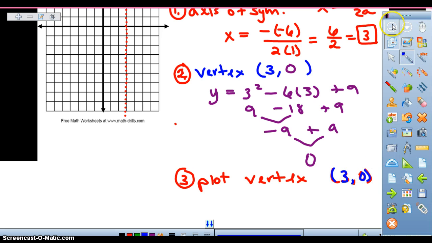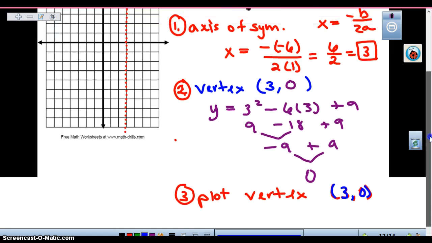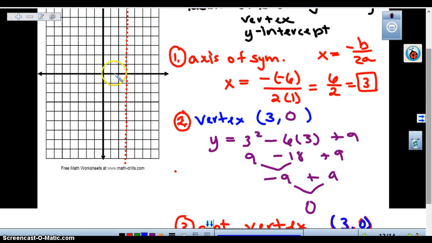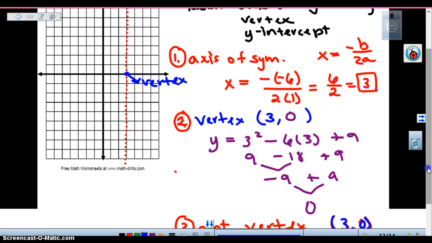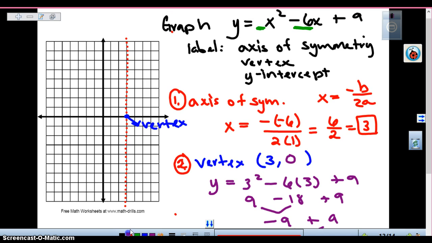So we go to our graph, 3, 0, like here. This is our vertex. Will our parabola be opening upward or downward? Up. How do we know? It's a positive x squared.